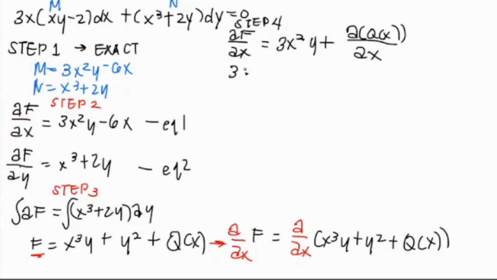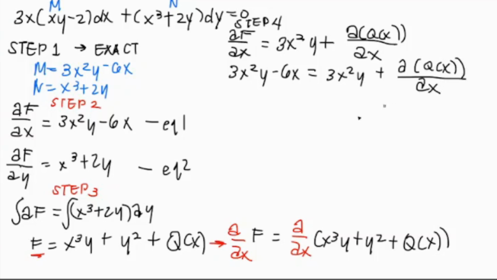So, magiging 3x squared y minus 6x is equal to ito, 3x squared y plus dq of x all over dx. So, since pag minove natin to the left side, magiging negative 3x squared y. So, 3x squared y minus 3x squared y, magiging 0. So, cancel na lang natin siya.